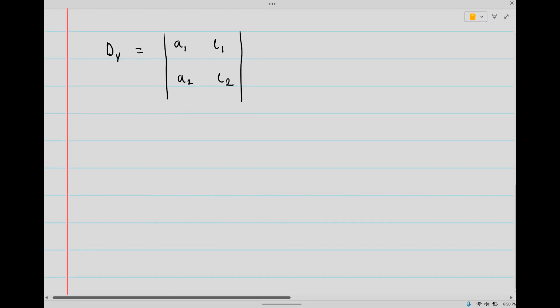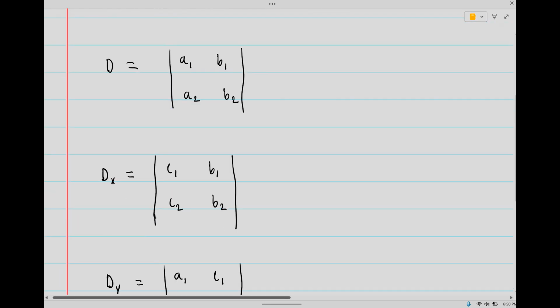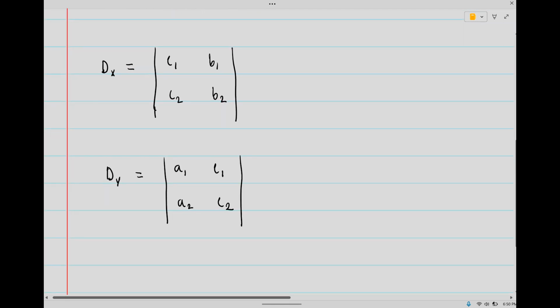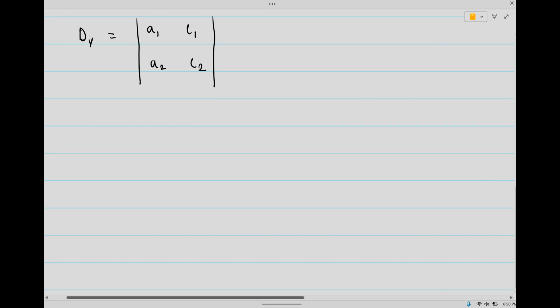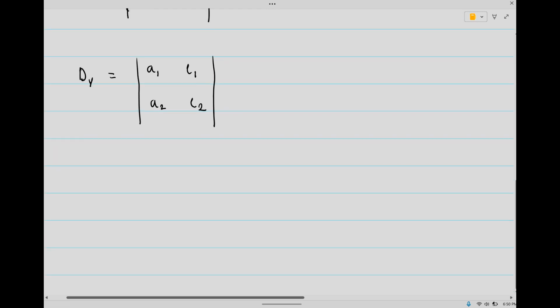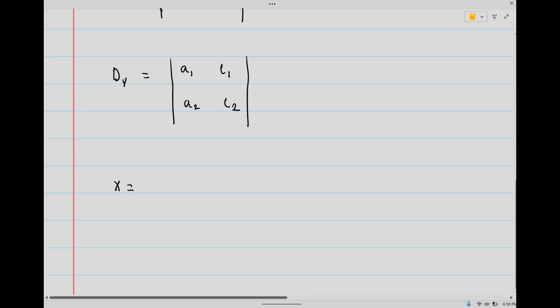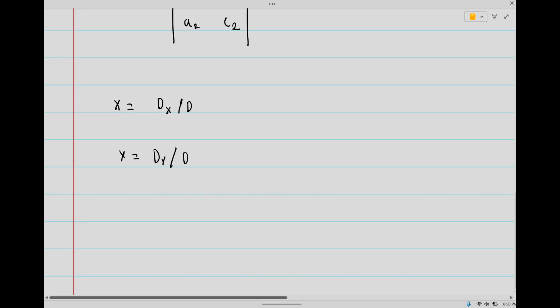So let's call the determinant of the x matrix Dx, and the y matrix Dy. Now that we have that, we're just going to use Cramer's rule to find the values of x and y. x equals Dx over D, and y equals Dy over D. And that's pretty much it.